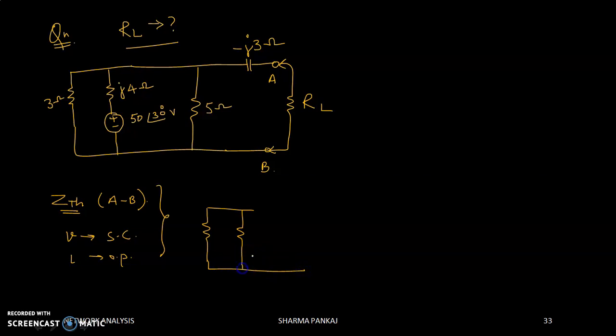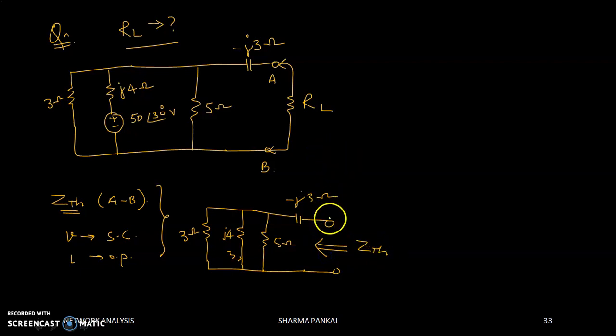This is 5 ohm, this is minus J3 ohm, and these are the terminals of the load resistor through which we are calculating ZTH. This is A and this is B.